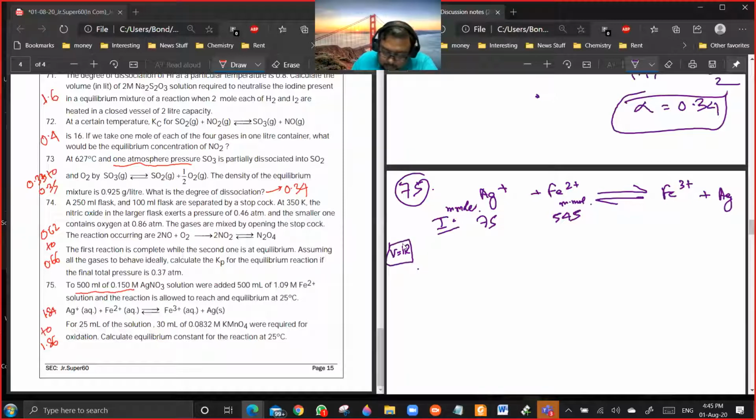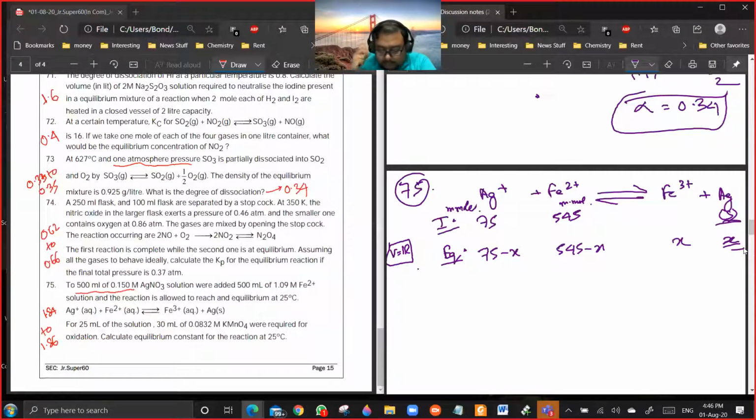So the number of millimoles will also represent your concentration. Now, at equilibrium, you will be having some dissociation: 75 minus X, 545 minus X, and this will be X, but this is solid, so we won't be considering it in the equilibrium constant expression.